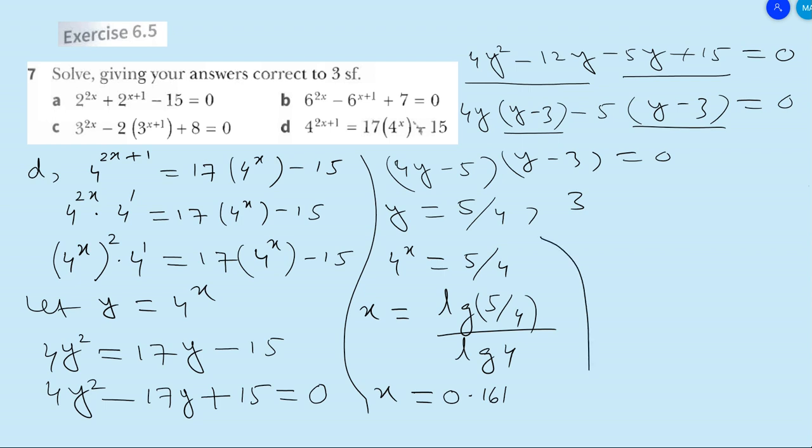Now y is equal to 3. So actually y, 4 to the power x, is equal to 3. So x is equal to log 3 upon log 4. So the answer is 0.792.